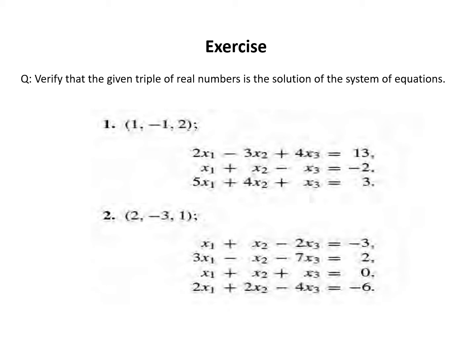Similarly, if you put x1 equal to 2, x2 equal to minus 3, x3 equal to 1 in the second equation, the answer is 6 plus 3, 9, 9 minus 7 equals 2. So the left hand side equals the right hand side.